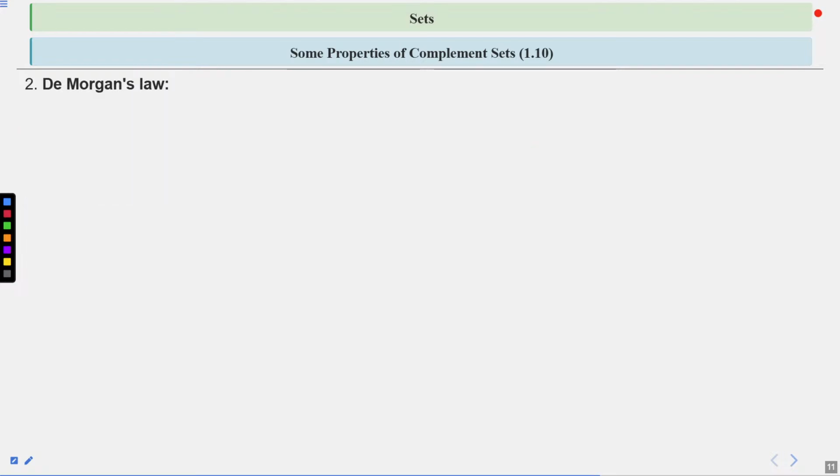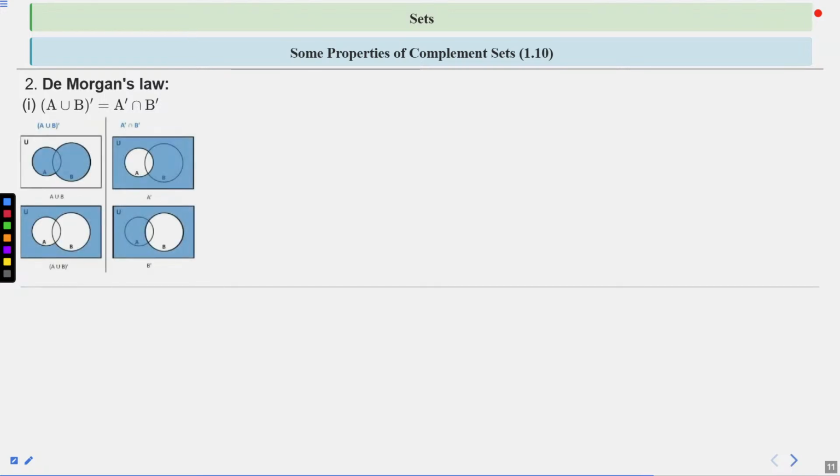Now this is De Morgan's law, using a Venn diagram. Clear? So A union B whole complement is equal to A complement intersection B complement. Here we are providing you a Venn diagram proof. Clear? So try to see the left hand expression, A union B whole complement.